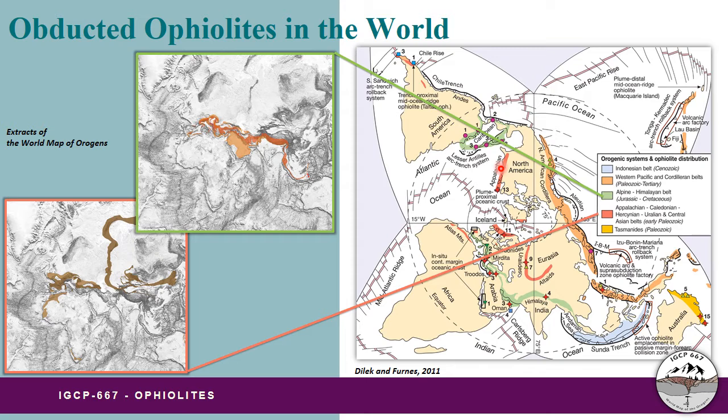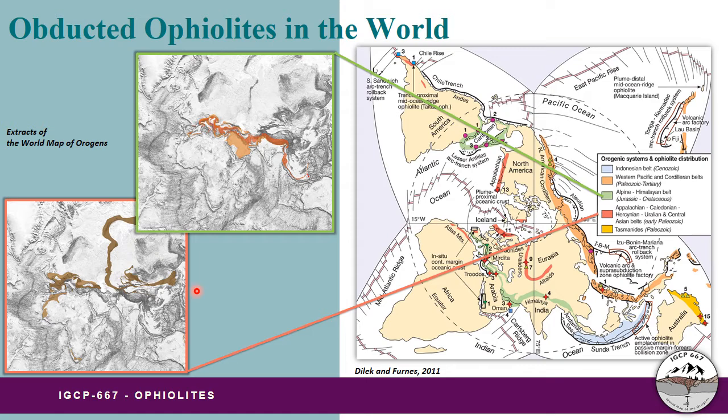The Variscan ophiolites in Spain, Central Europe, and Northwestern Africa developed in the Rheic Ocean between Baltica, Avalonia, and Gondwana continental units. The Altaid ophiolites within the Central Asian orogenic belt are related to the closure of the ancient Paleotethys Ocean in the late Triassic by the Cimmerian orogeny.